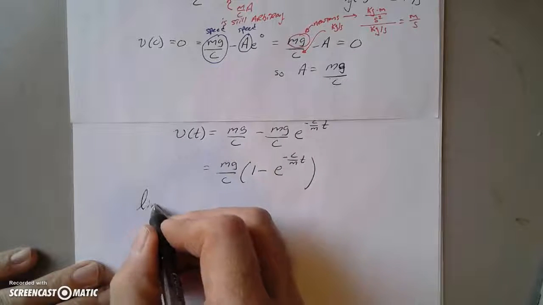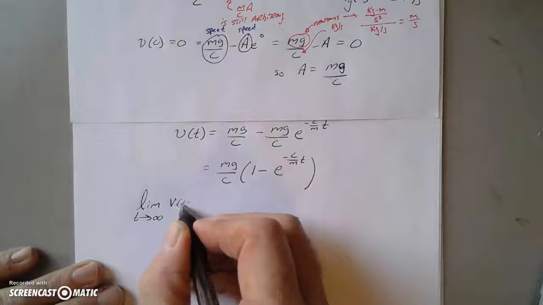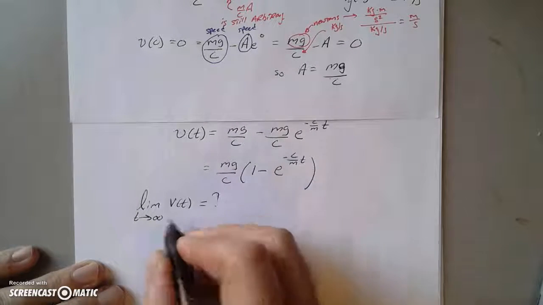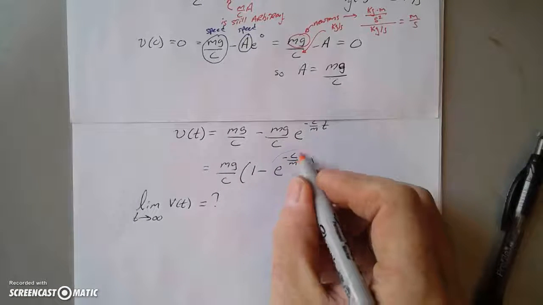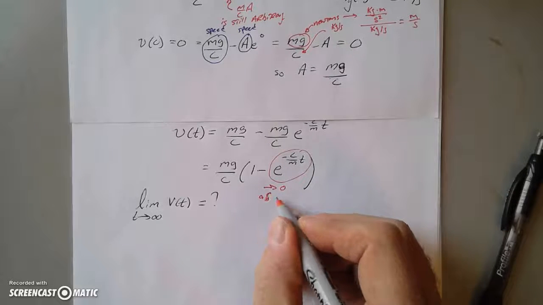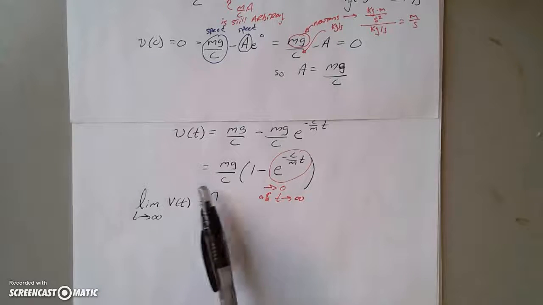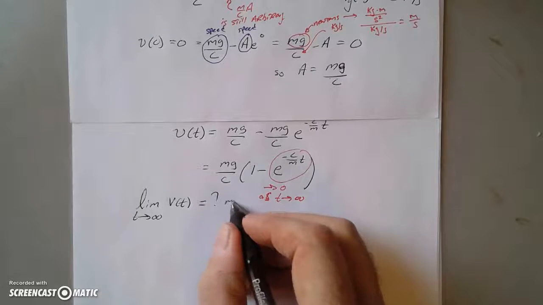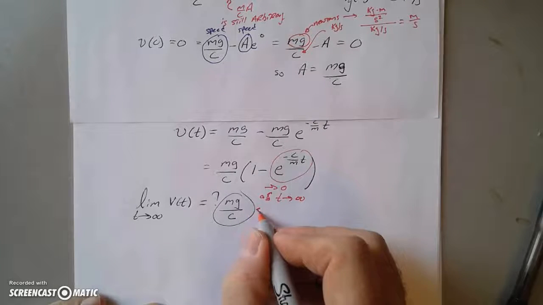Now let's check it. What happens as t gets big? All right. Well, as t gets big, this goes to 0 as t goes to infinity. So the limit of this equation is mg over c. And this is called terminal velocity.